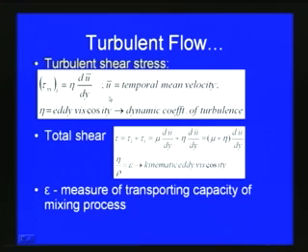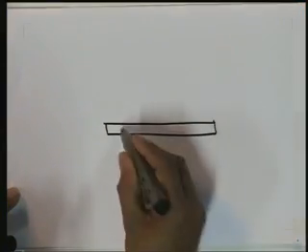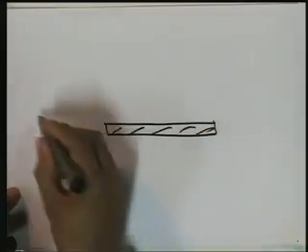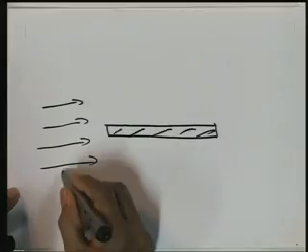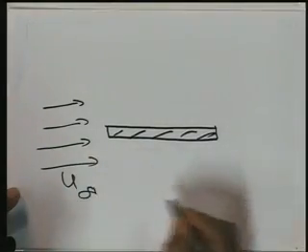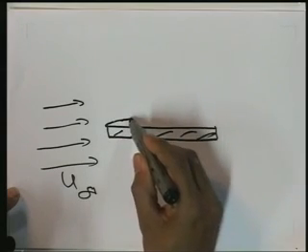Then we have seen that, for example, when a flow approaches a flat plate, let us assume that there is a flat plate put like this. If a free stream velocity u infinity is coming, then a boundary layer is generated.